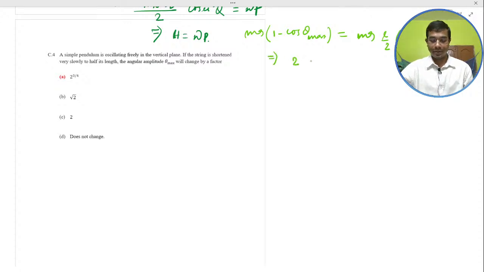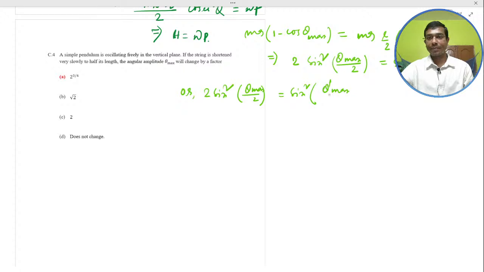That means twice sine square theta max by 2 will become sine square theta dash max by 2. Or 2 sine square theta max by 2 is equal to sine square theta dash max by 2.